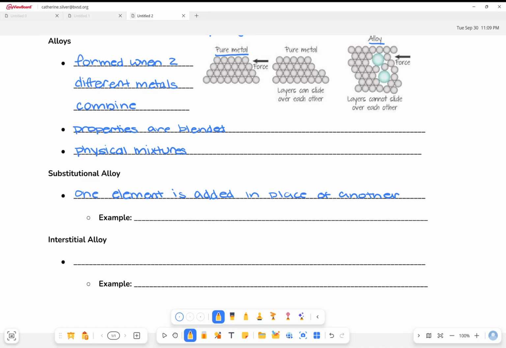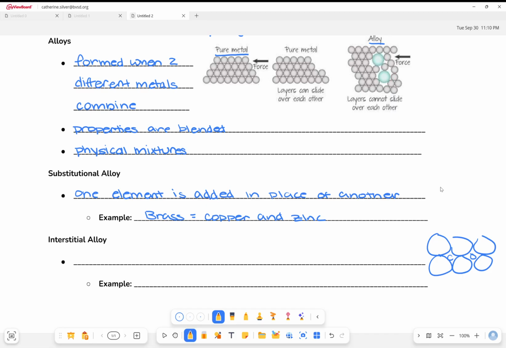An example of this would be brass, which is made up of copper and zinc. And then the second type of alloy is the interstitial alloy. So this is when small atoms will fill the spaces in between the larger atoms. So if you have big atoms like this, you'll have smaller atoms that fill the spaces.